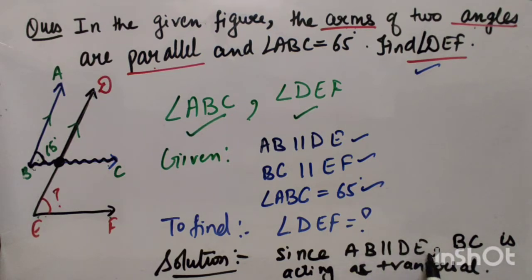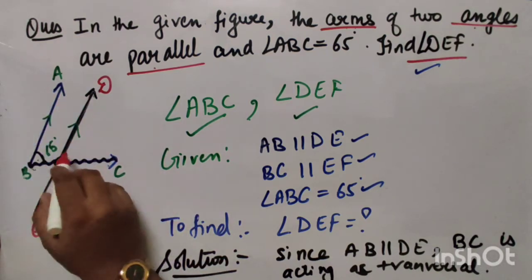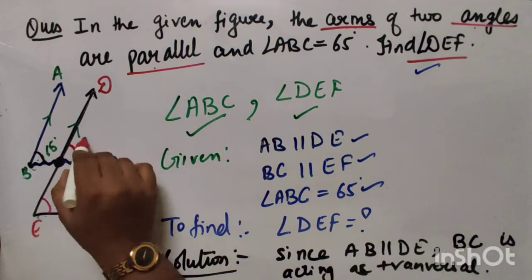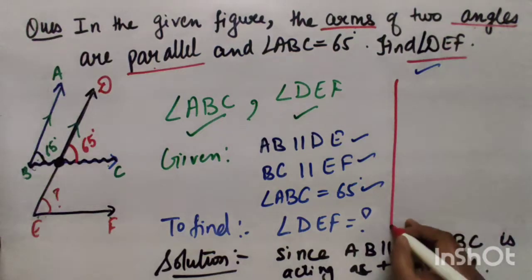Since AB is parallel to DE and BC is acting as a transversal, which concept can we utilize here? This angle is inside the parallel region, so this angle will also be 65 degrees. How?